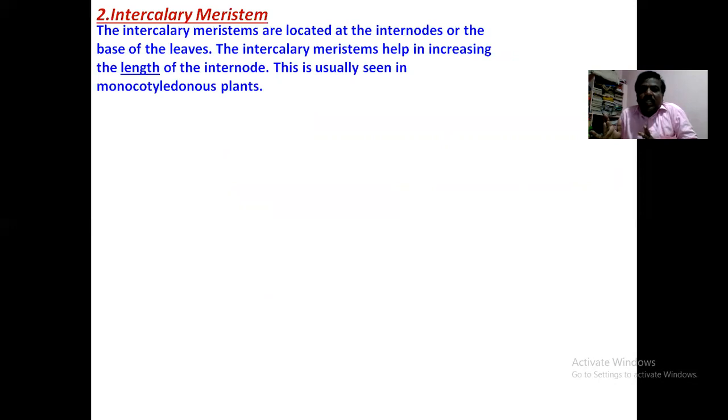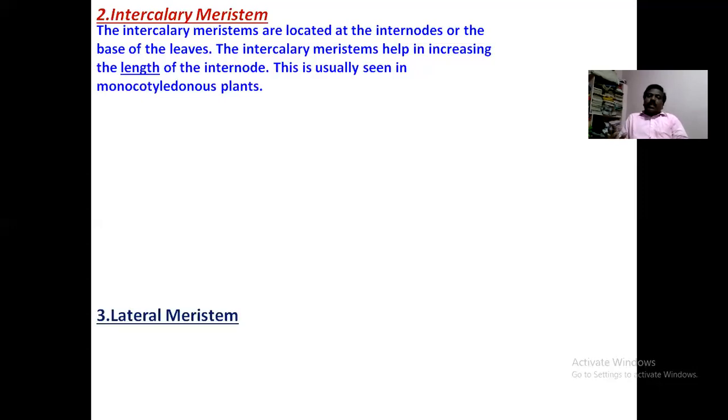Intercalary meristems help in increasing the length of the internode. Internodes develop from this type of meristem. This is usually seen in monocotyledonous plants.